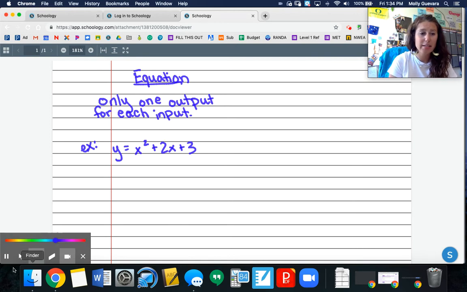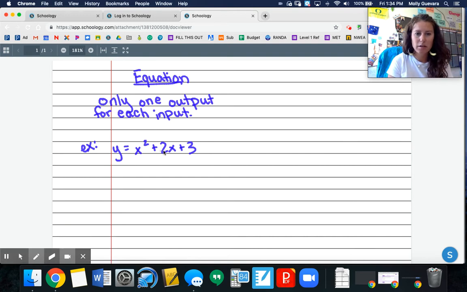If I plug in 0, then 0 squared is 0, plus 2 times 0 is 0, and then plus 3. So I would get 3. So if I plug in 0, I get out 3. Only option. If I plug in 1, I get 1 plus 2 is 3, plus 3 is 6. So if I plug in 1, I get out 6. Only option, okay? So that's an example of something that would be a function.